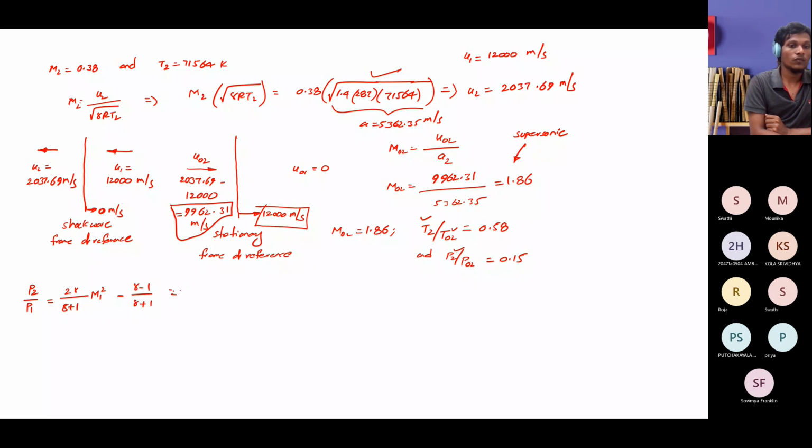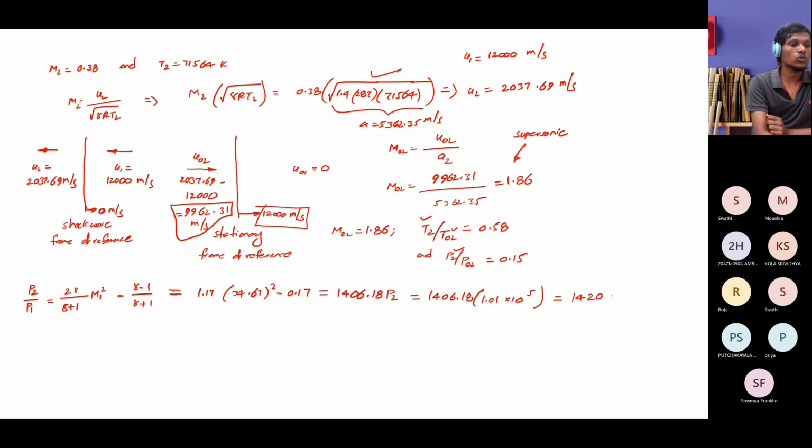When we substitute all the details and simplify, we will get 1.17 times 34.67 square minus 0.17, which equals 1406.18 P1. So P1 here is the ambient atmosphere pressure, and when we multiply that, we will get a huge static pressure. That is again not realistic for the calculation, but it is just for our understanding.